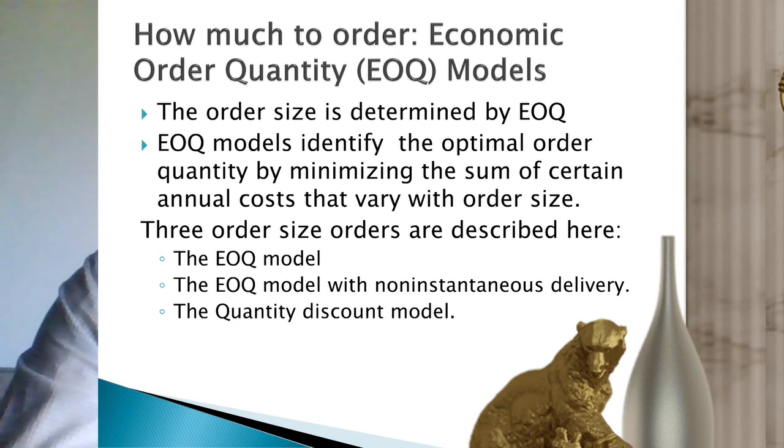That is instantaneous delivery. Non-instantaneous delivery means you are manufacturing or they are being supplied to you at a certain rate, in which there is a production of the items happening, and they are being supplied to you at the same rate, like the production rate. And the third model is the quantity discount model. So this video will break up in two parts. In this particular session, I'm going to talk about the EOQ model only.